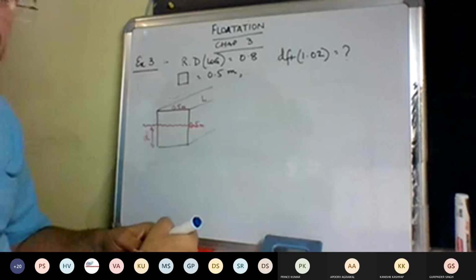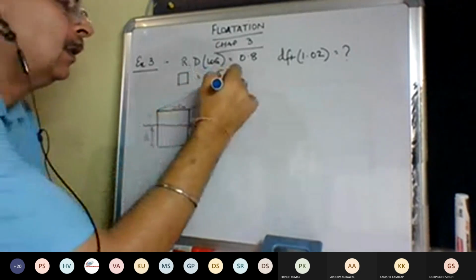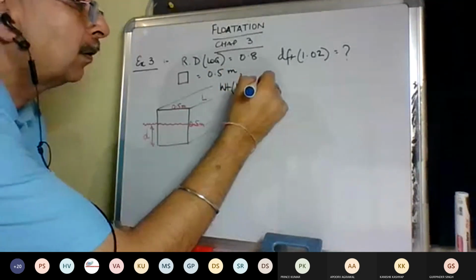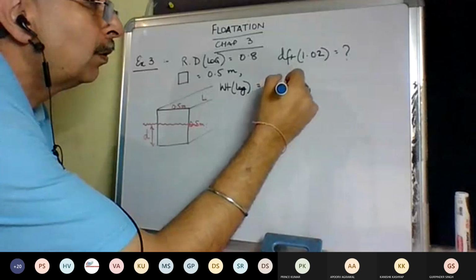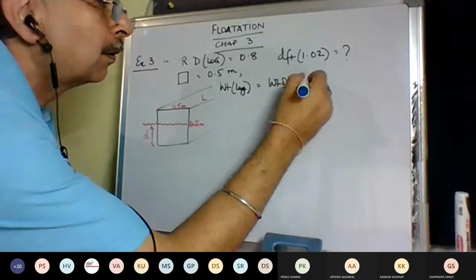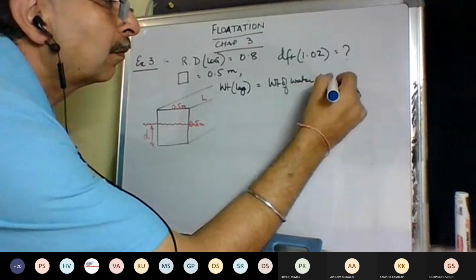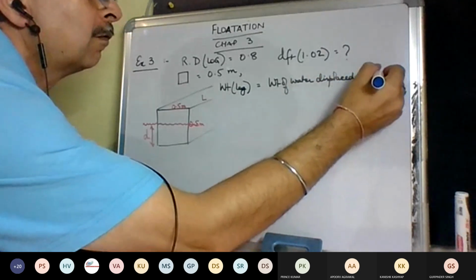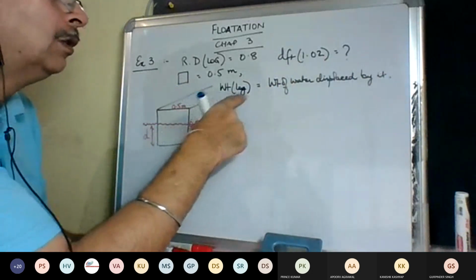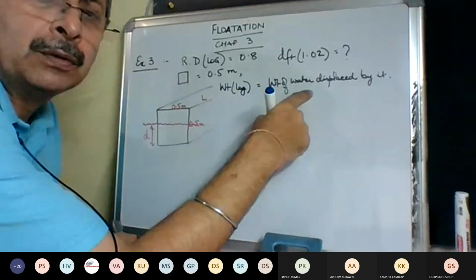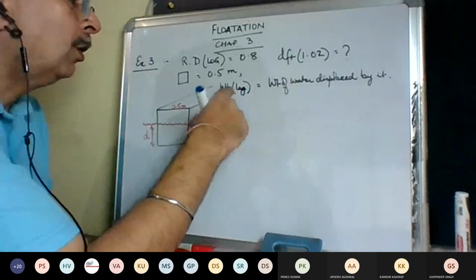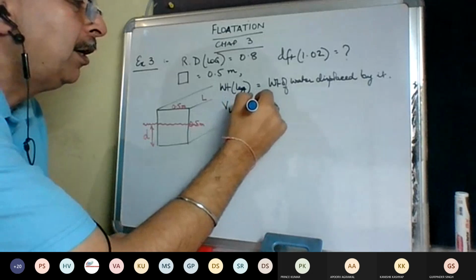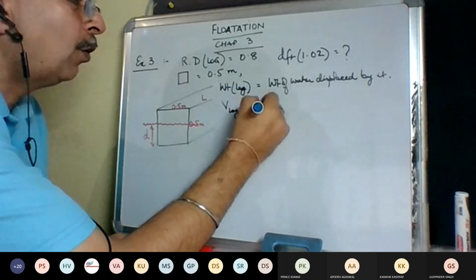Now, the basic principle is that weight of the log is equal to the weight of water displaced by it. Weight of the log is volume of the log into the RD of the log.